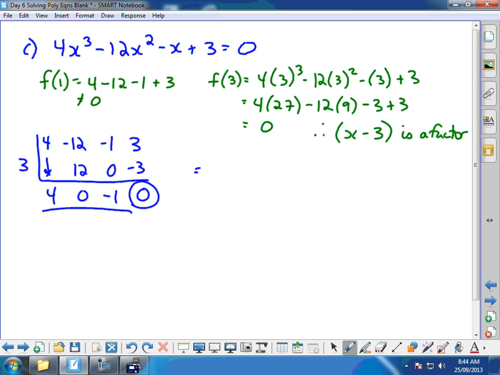So we get 4, a 0, a negative 1, and a remainder of 0. Again, if we don't have a remainder of 0, well, there's a problem because we said this was a factor, so it should have no remainder. All right, so now we know one of the factors is x minus 3, and we divide it out. It turns out we end up with a 4, a 0, and a negative 1, which translates to 4x squared plus 0x minus 1.